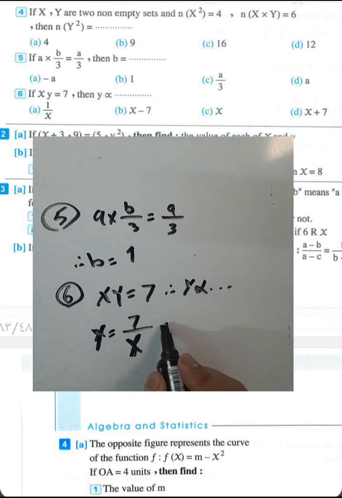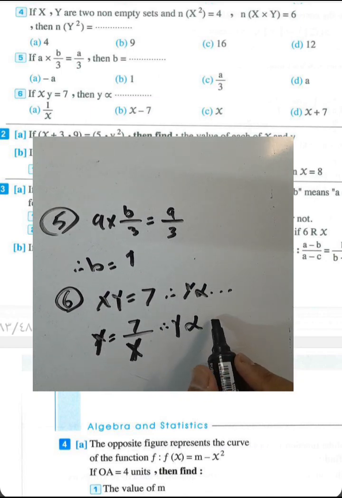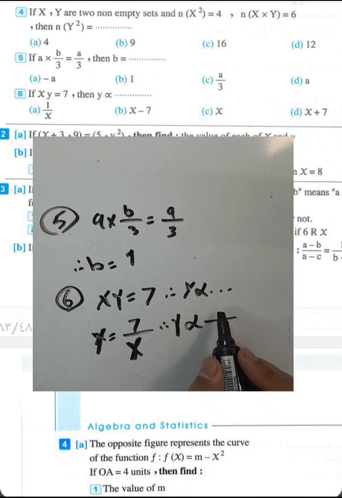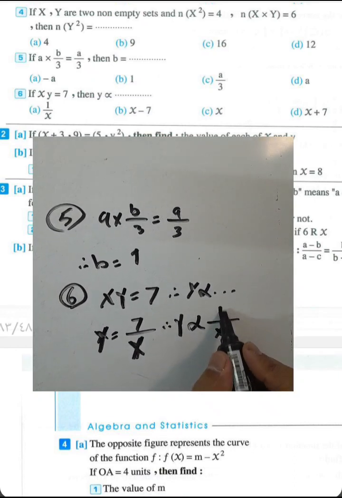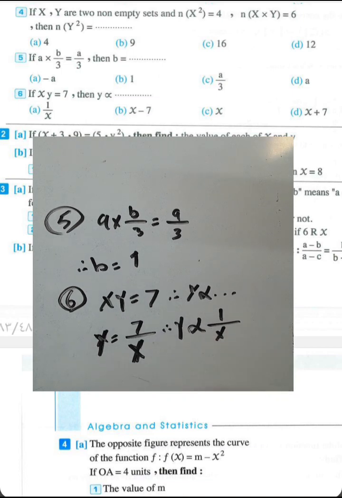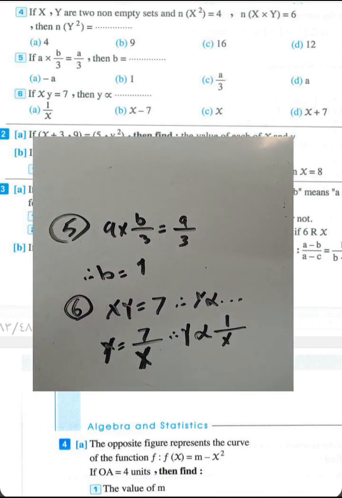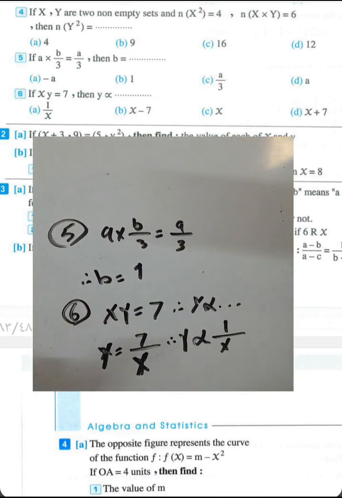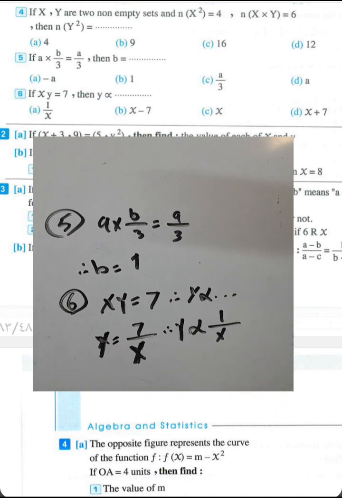Then we have the relation between a constant over x, that is, the relation between y and 1 over x. We cancel the constant and the equals sign, and write the relation sign here between y and 1 over x. We have an inverse, a inverse direction between y and x. Choose 1 over x. Choose letter A.